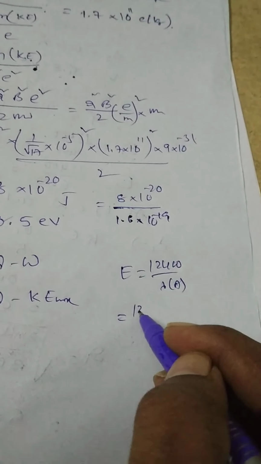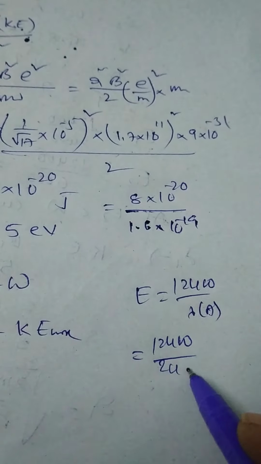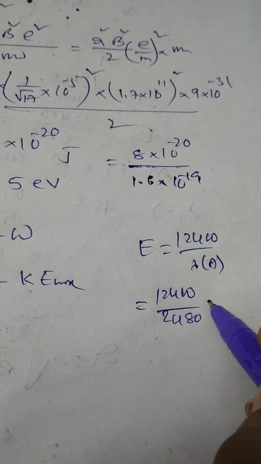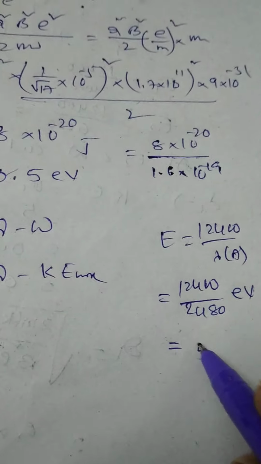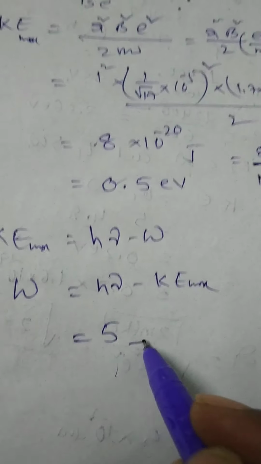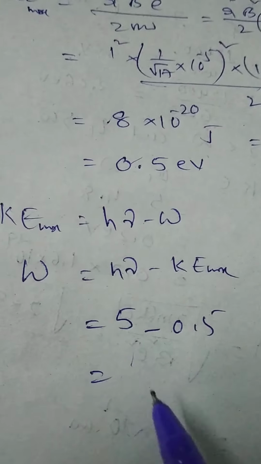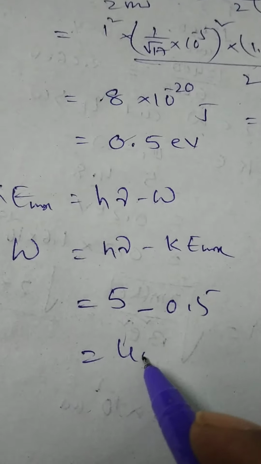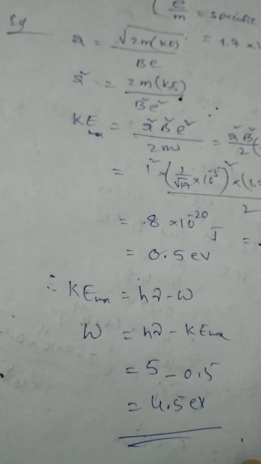That is 12,400 by the wavelength of incident radiation, 2480 angstrom units, to get the answer in electron volts. This is equal to 5 electron volts. Therefore 5 minus W is equal to 0.5. Therefore W is equal to 5 minus 0.5, which is 4.5 electron volts. This is the work function.